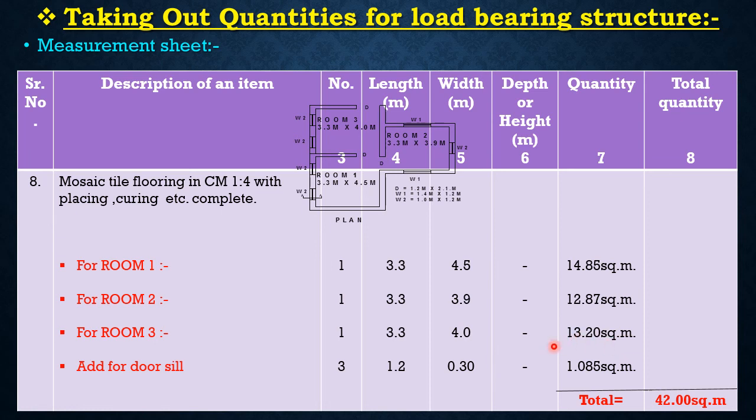Here we add the door sill. This portion and this portion is added in the flooring. So door is 3, length is 1.2 meter, width is 0.30 meter, then quantity is 1.085 square meter. Then addition of these is 42 square meter. Then mosaic tile flooring quantity is 42 square meter.